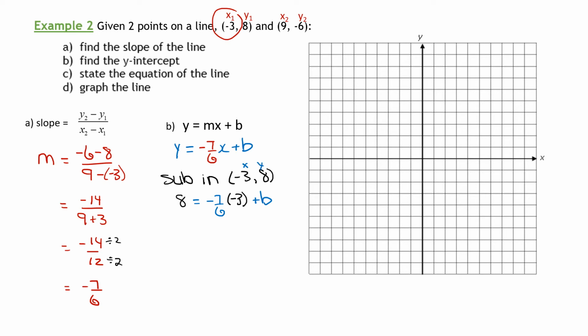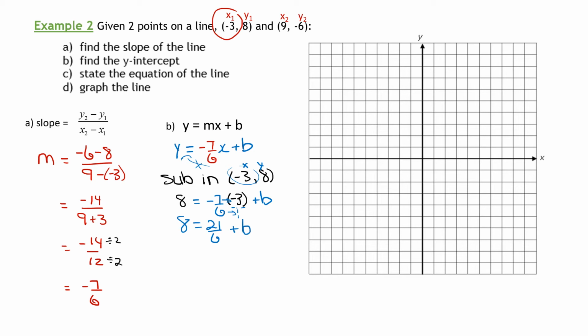Students often want to take the first one and put it in the first spot, but that's wrong. You have to make sure you get the x and the y in the right spot. So this is 8 equals, remember when we multiply, there is an invisible 1 under the 3. We multiply straight across the top, -7 times -3 is +21, straight across the bottom over 6, plus b.